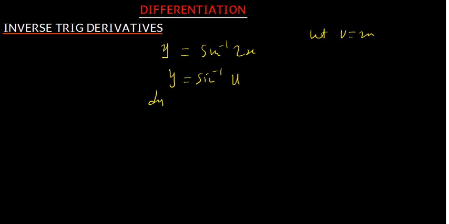Well, if we have got this, now we can find the derivative. So we are going to say dy over dx. We know the derivative of sine inverse of u is 1 over the square root of 1 minus u squared. This we already showed. But where there is u, we are going to put back our 2x.